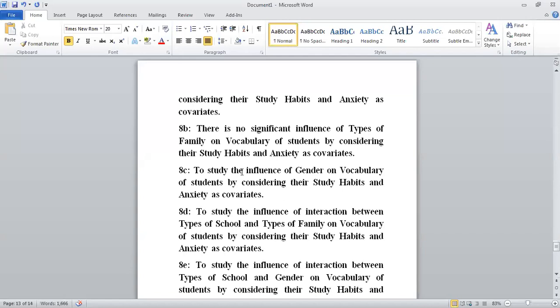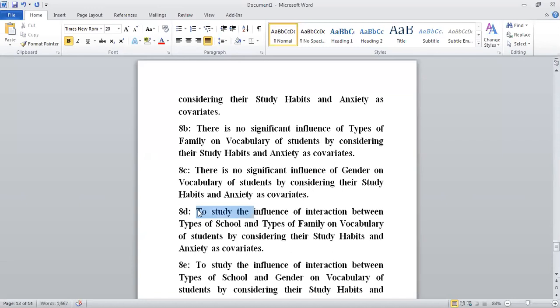Then 8C hypothesis will be there is no significant influence of gender on vocabulary of students by considering their study habits and anxiety as covariates. These were the three main, and I have written the hypothesis for the three main.